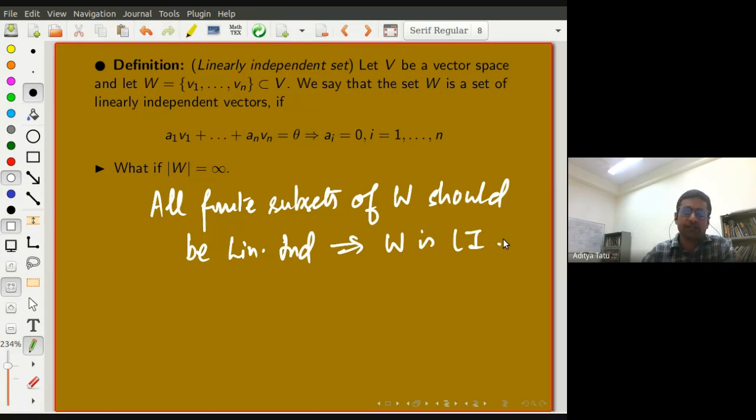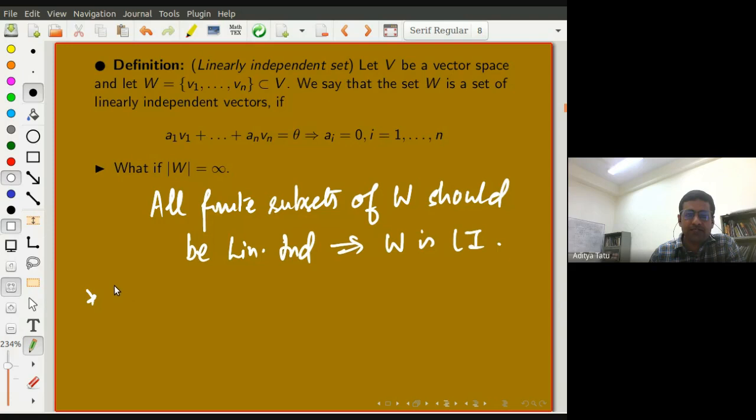Can someone think of an example of an infinite set W which is linearly independent? Okay, let me give you a small hint maybe.